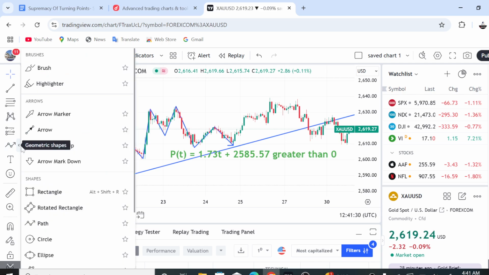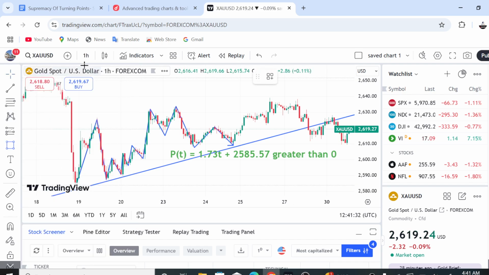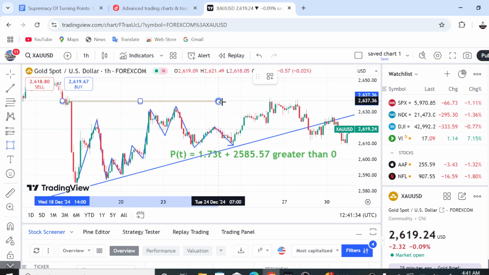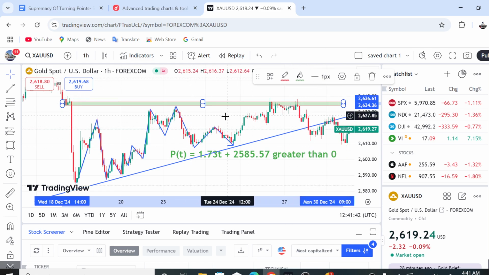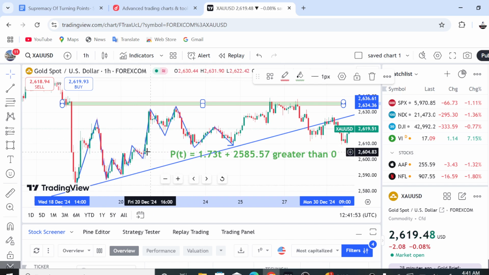You might have issues with your entry, because if you look here, this is a supply zone, so you cannot come and tell me that if this market drops to a trend line it is going to buy, when you know that this is a supply zone, and you have already missed the entry when the market came to pick orders here.